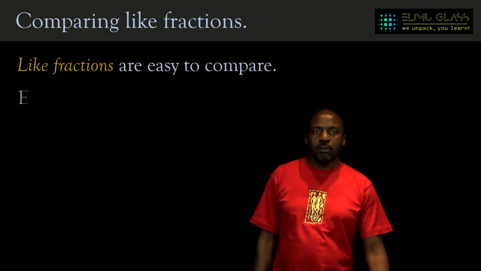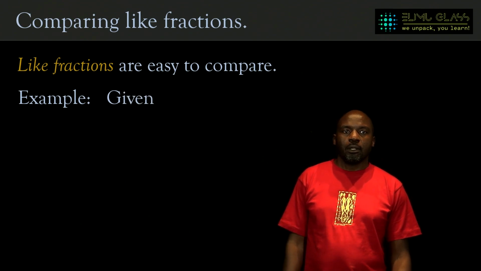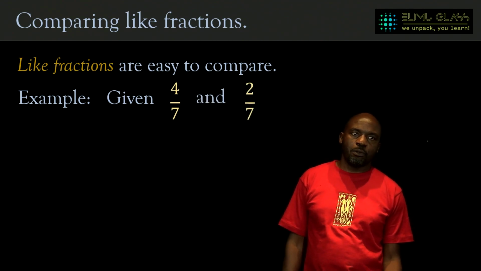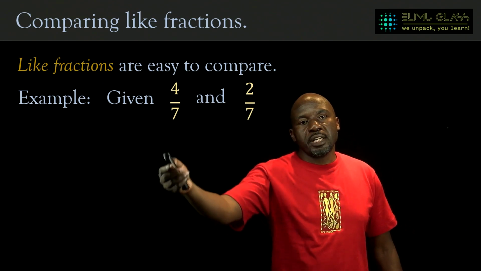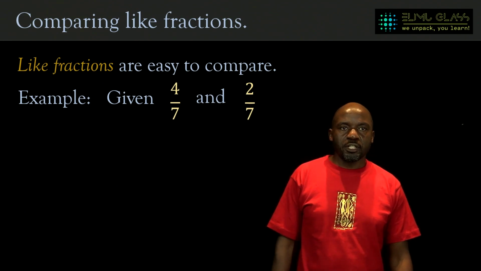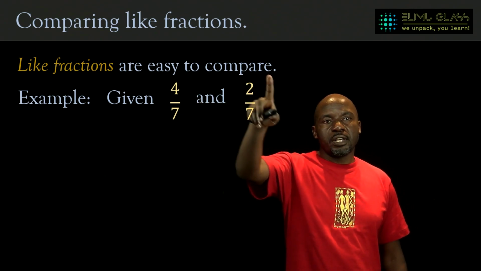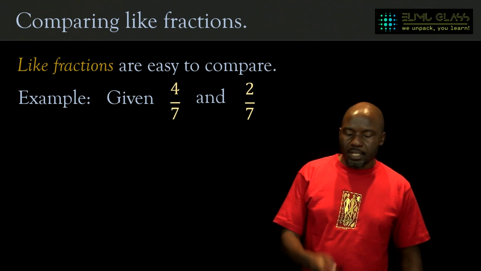Okay, and so here's an example. Given 4 over 7 and 2 over 7, which one is bigger? All right, so the denominators are the same, so these are like fractions. All we need to do is look at the numerators, and we can see 4 is greater than 2, and for that reason 4 over 7 is greater than 2 over 7.